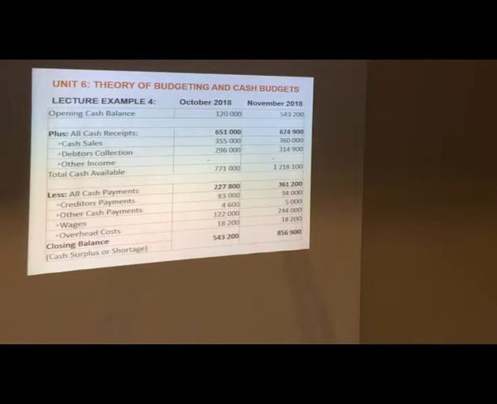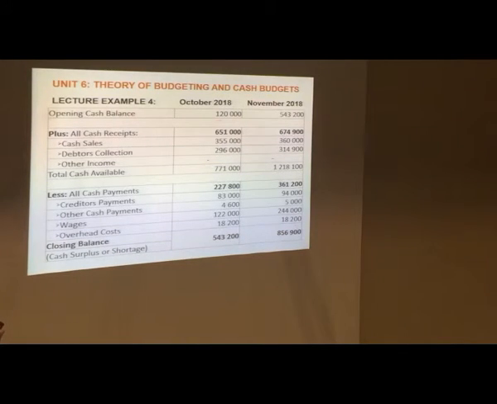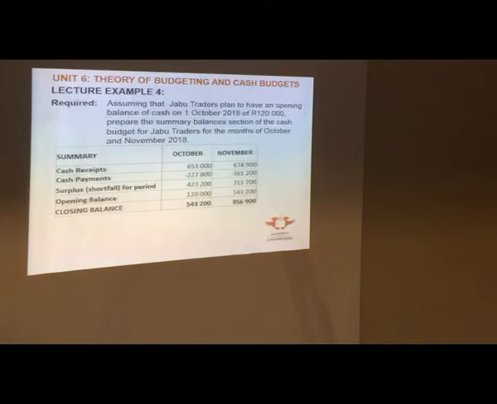All right, so this is a different format of the same thing. I prefer this format because I like to start with my opening balance and end with my closing balance, okay? And so the other way is to do like lecture example 2, 3, and 4, where you do it like this, okay?